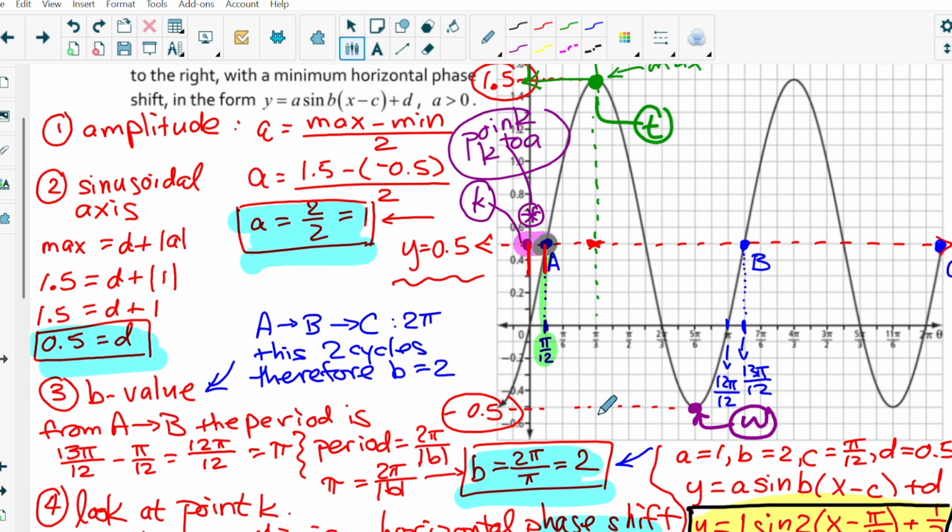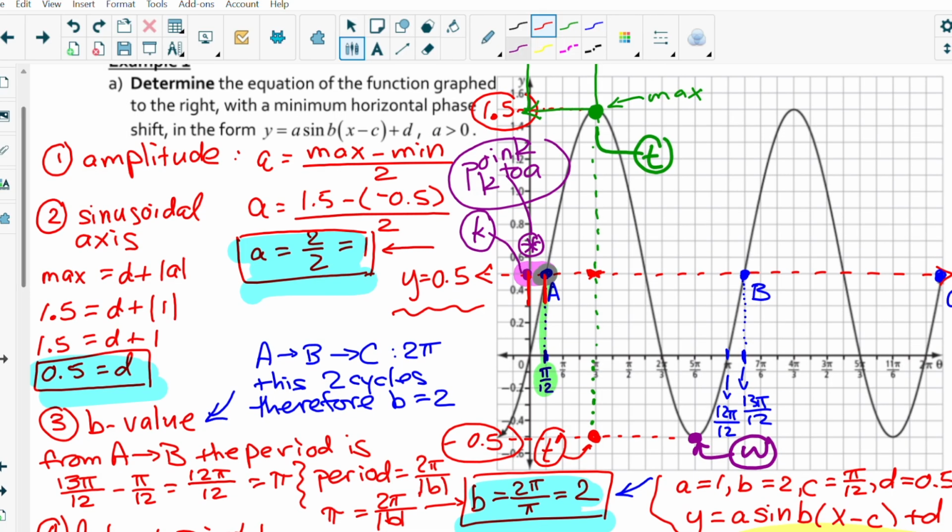Okay, here's my sinusoidal axis, and then here's my min point. So this is where T prime goes. So T prime. Okay, that's T prime when it flips, right? And that should make sense, right, folks? So all the way down.